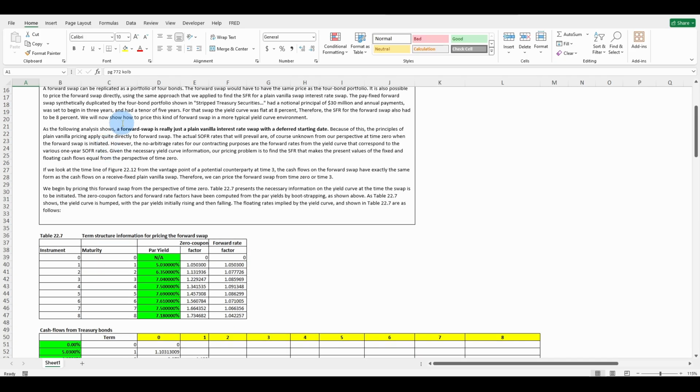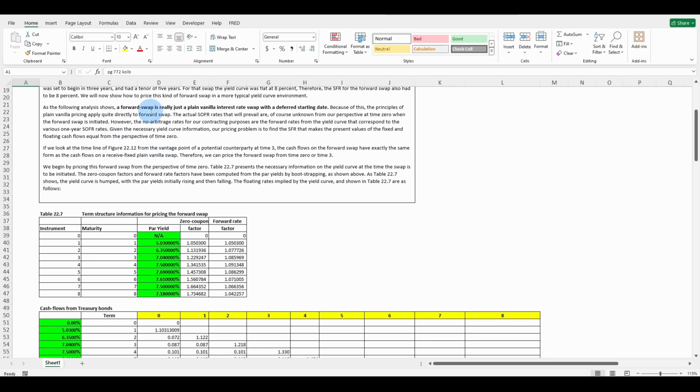We will now show how to price this kind of forward swap in a more typical yield curve environment. As the following analysis shows, a forward swap is really a plain vanilla interest rate swap with a deferred starting date. Because of this, the principles of plain vanilla pricing apply quite directly to forward swaps. The actual SOFR rates that will prevail are, of course, unknown from our perspective at time 0 when the forward swap is initiated.